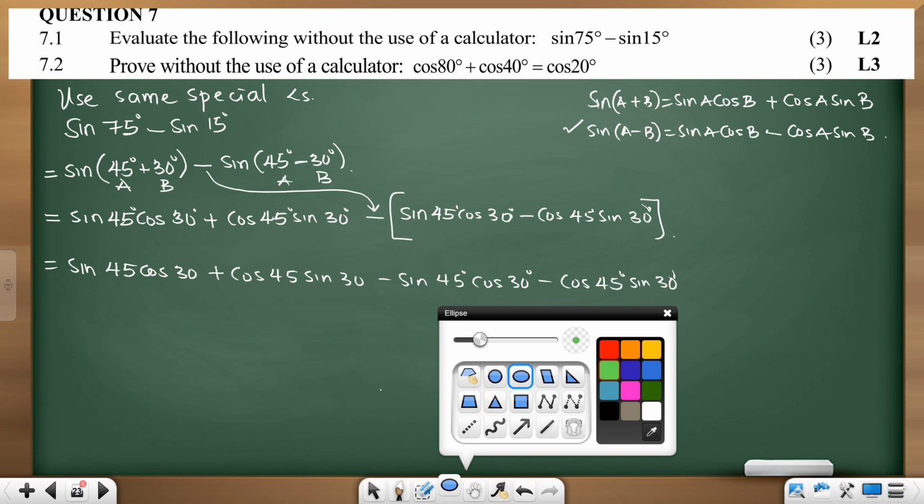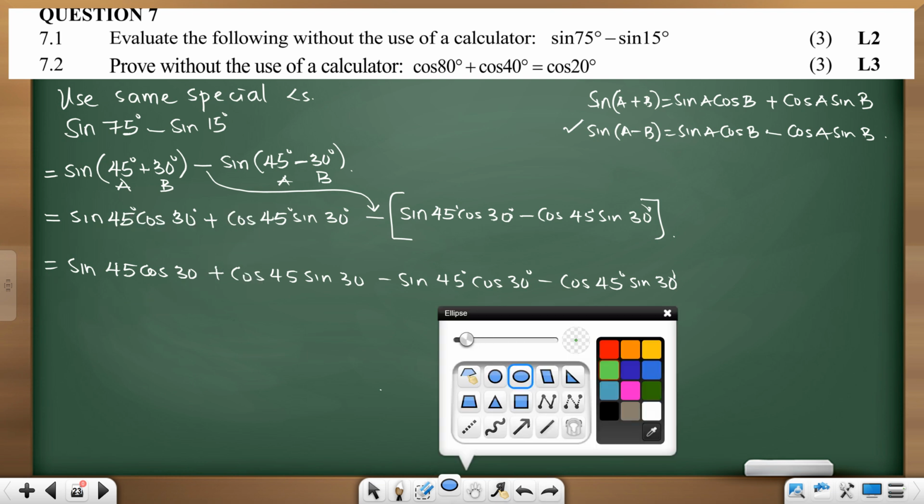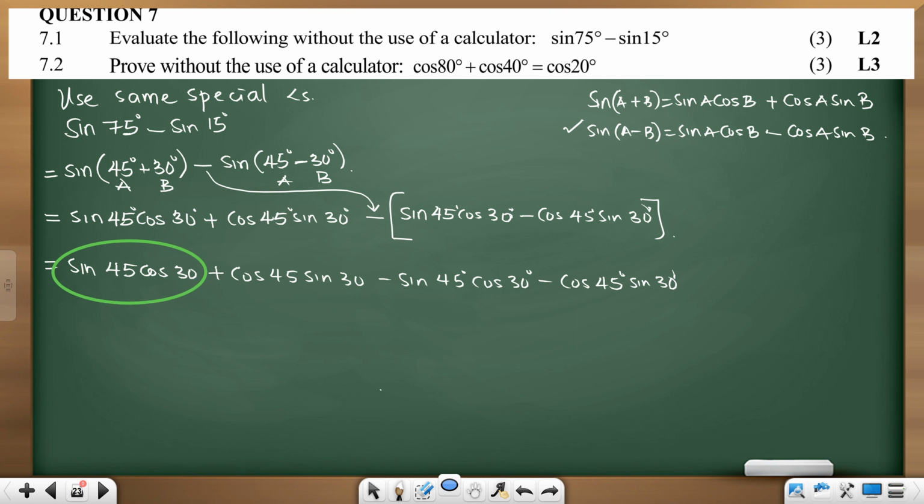Observe. What do you notice? Sine 45 cos 30. Do you notice that cancels with that? Yes. But isn't it that the negative has to change since you multiply the negative and the negative?